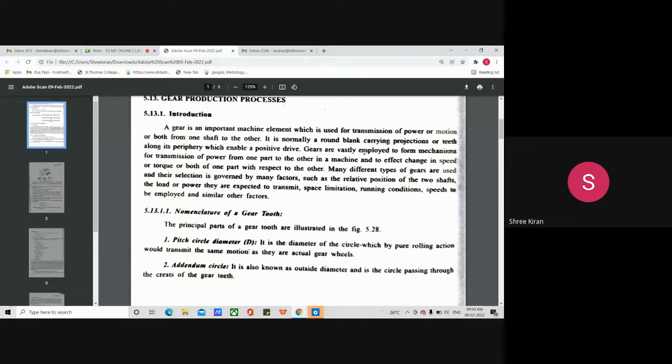That is what happens in the nomenclature of a gear tooth, where the first principal part is the pitch circle diameter, represented as capital D.